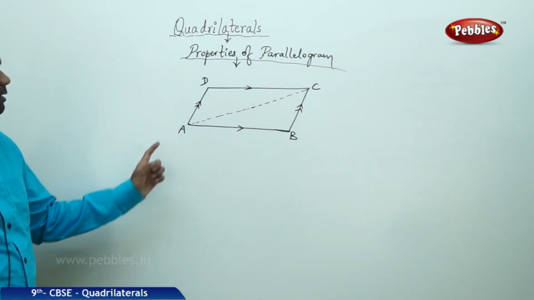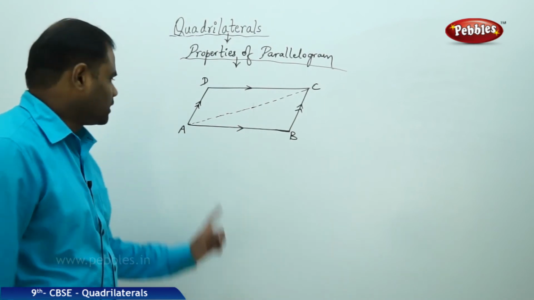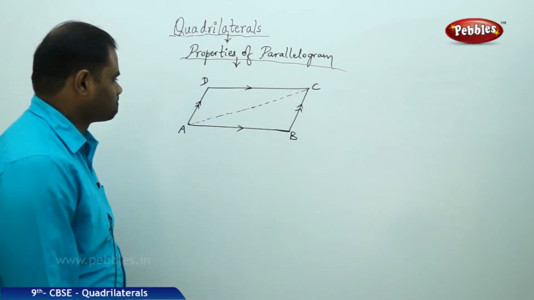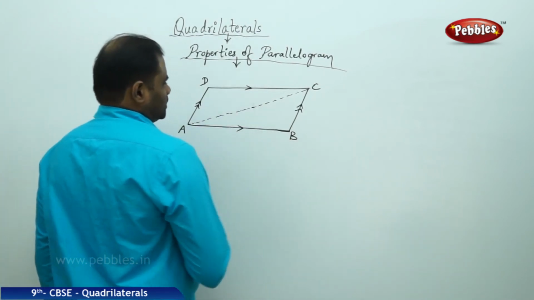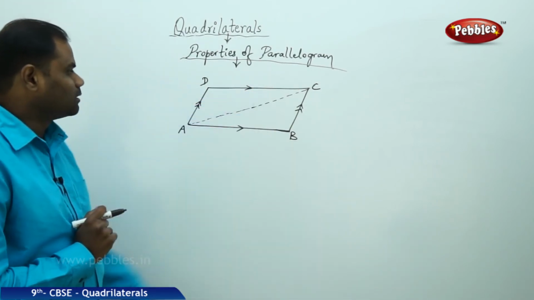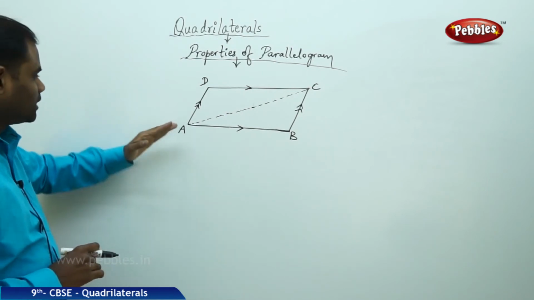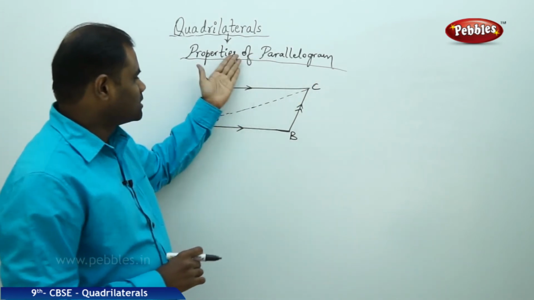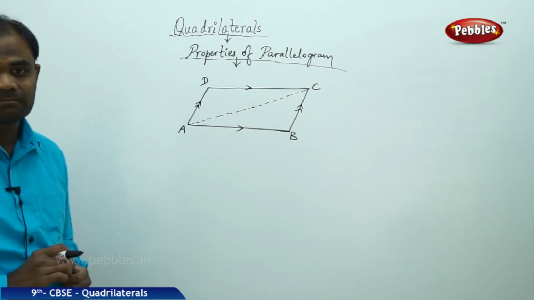Now here AC is the diagonal which connects the two alternate points. The significance of the diagonal is that this diagonal cuts the parallelogram into two triangles.